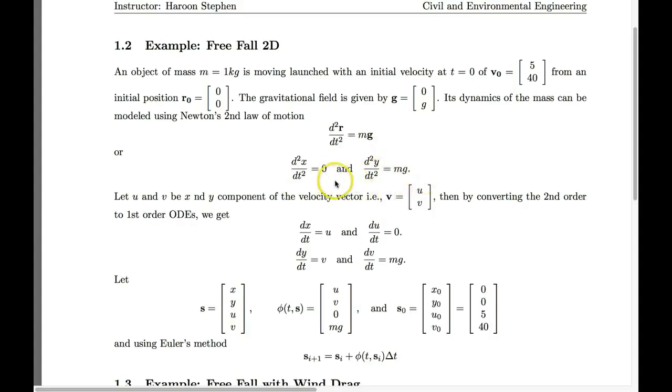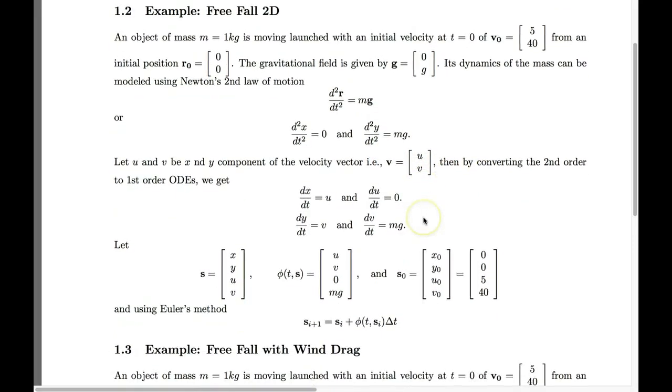In order to convert this vector second-order differential equation to first-order differential equations, we can define u and v as the x and y components of the velocity, and define a v vector which has both of these components in it. Then these two second-order differential equations can each be converted into two first-order differential equations.